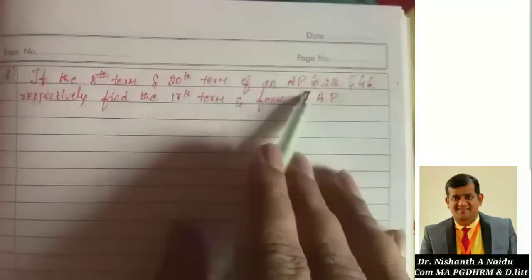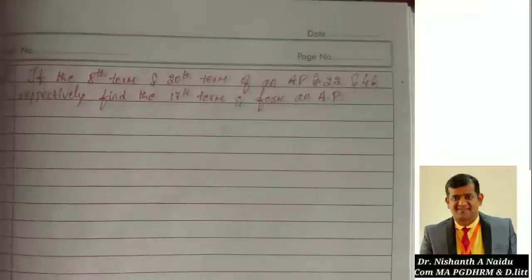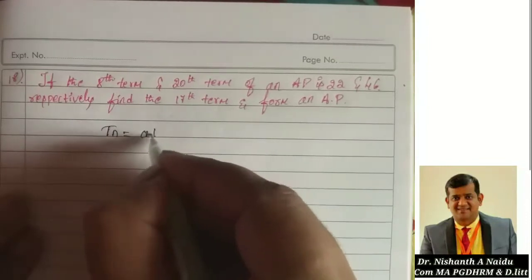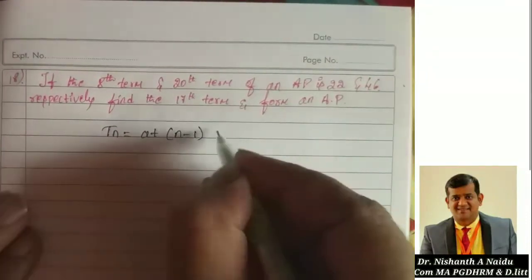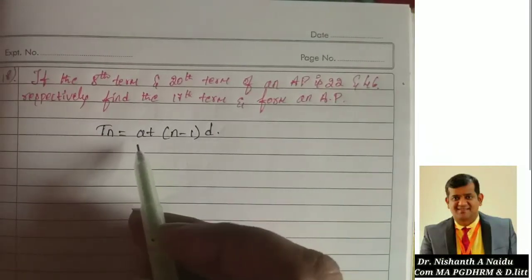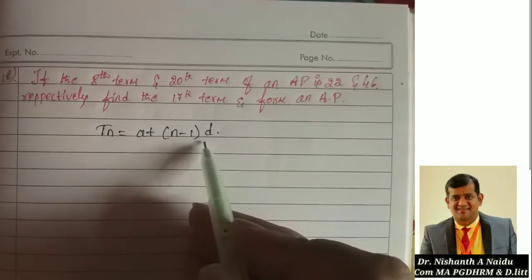Suppose we want to apply the formula Tn equals A plus n minus 1 into D. Here we don't have A, we don't have D, we just have n. So now we have to frame an equation to identify them. How do you frame an equation?